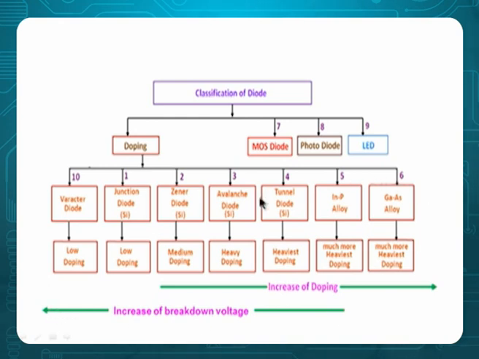That means these diodes will have less breakdown voltages, and that is the meaning of this table. You can see increase of doping this side, decrease of breakdown. Therefore I have a saying: as doping increases, breakdown decreases.